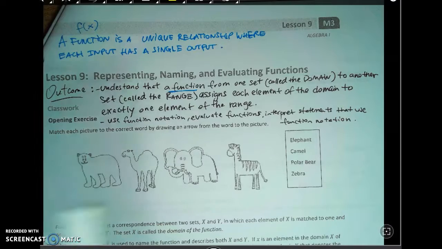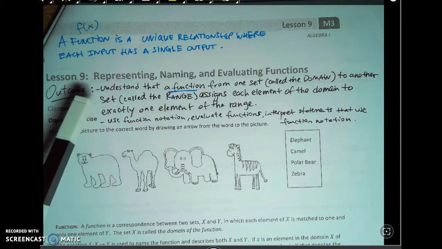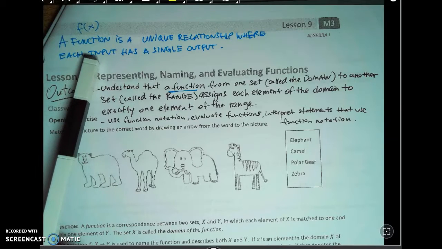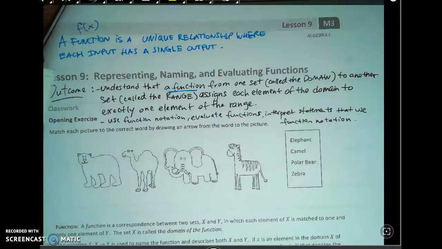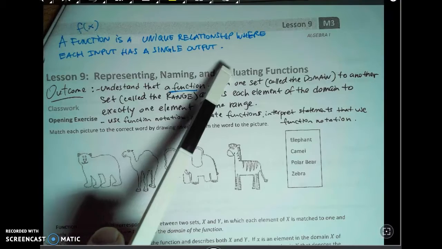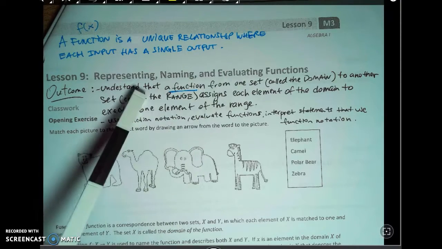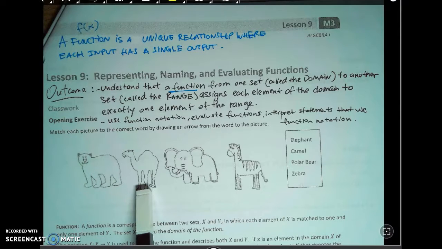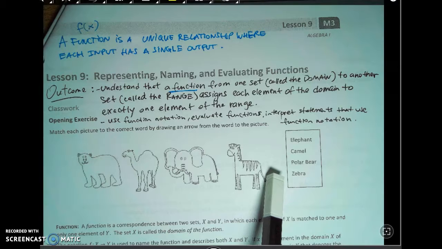Okay, and this is a more compact definition of a function. Function is a unique relationship where each input, meaning one from this domain, has a single output, meaning the range.